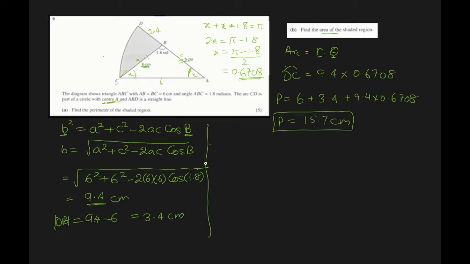So first we have to find the area of the sector, which is half r square theta, which will be half times the radius of this sector, which we now know is 9.4, we found it earlier, squared, times the angle at the center, which is 0.6708.